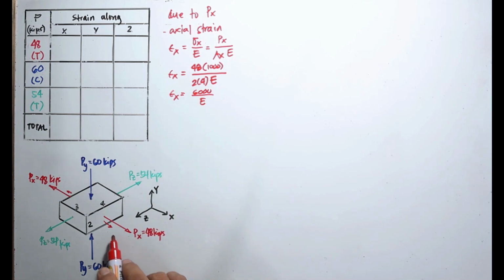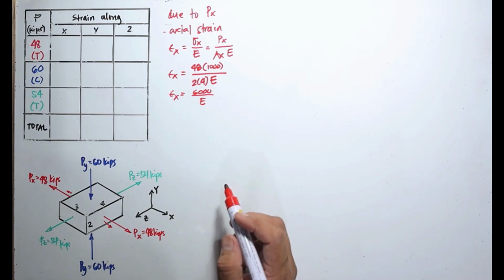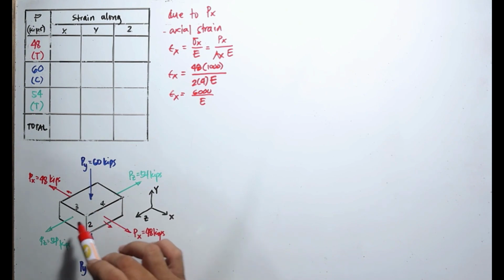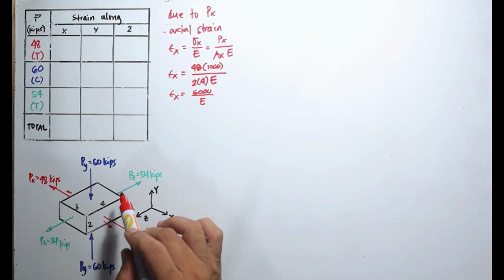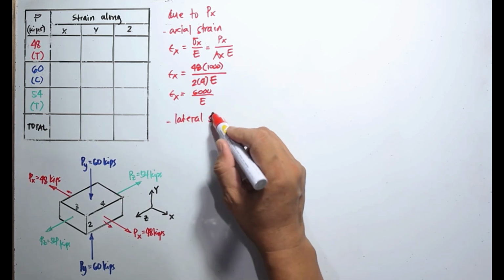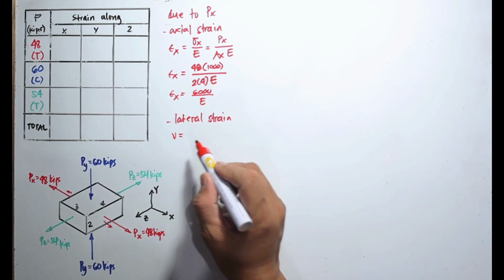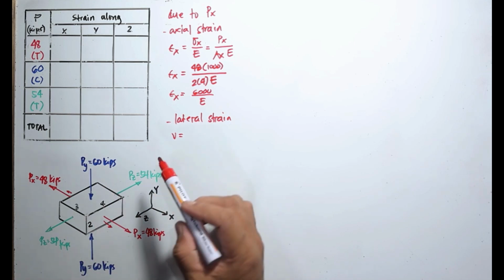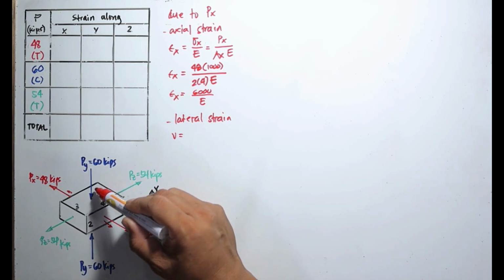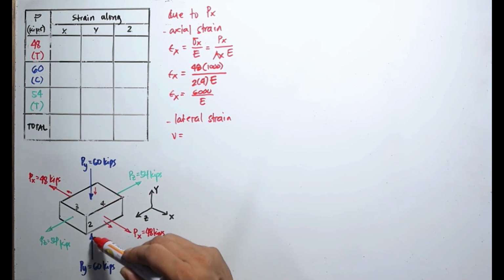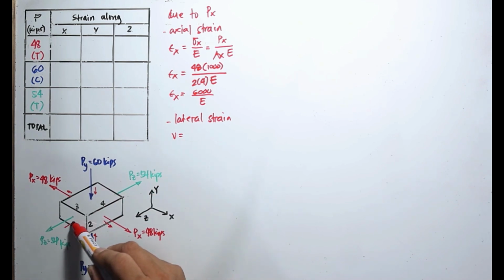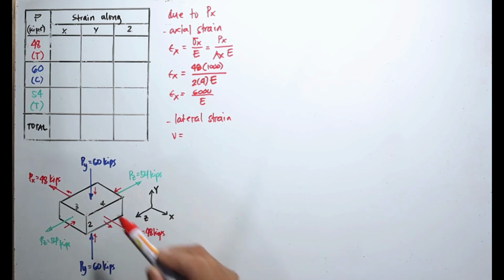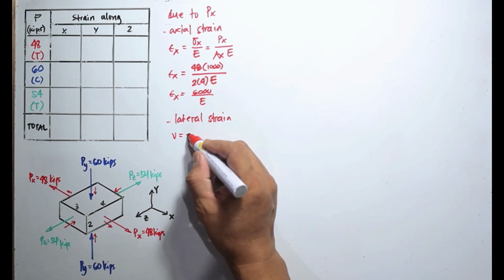And then also this Px will cause lateral strain in the direction of Y and Z. So Poisson's ratio is, by the way, if the axial load here is tension, then the lateral strain will be compression. So there will be lateral strains in this direction. And it's in compression, so it's negative.